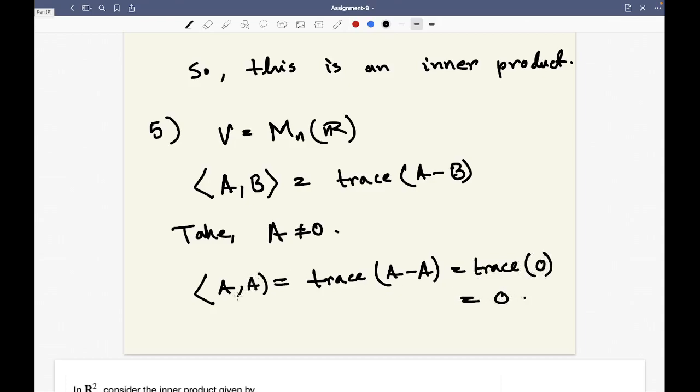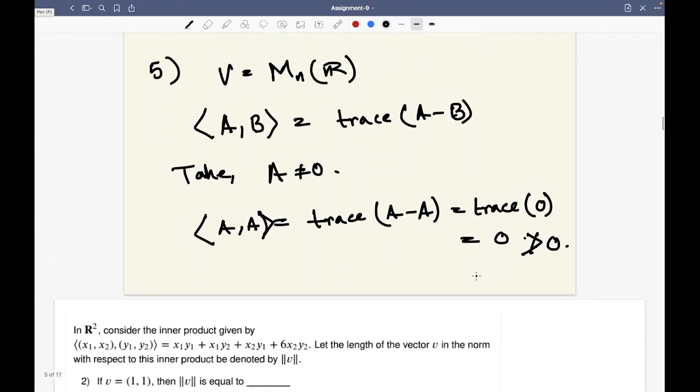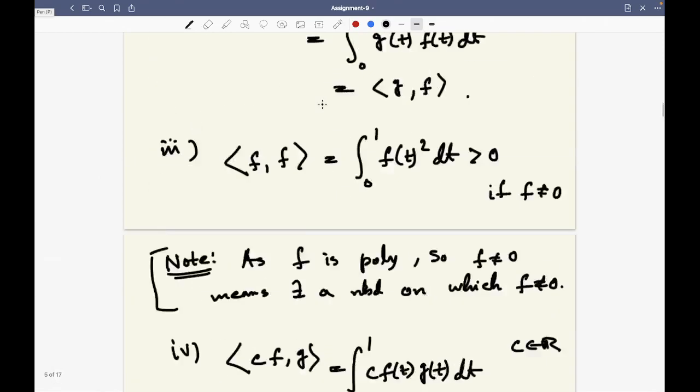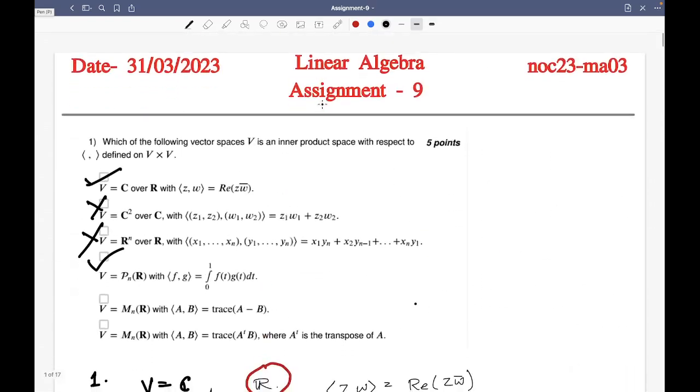So for this same A, A inner product A is 0, which means it is not strictly positive. So this is not an inner product. Okay, so option number 5 is incorrect.